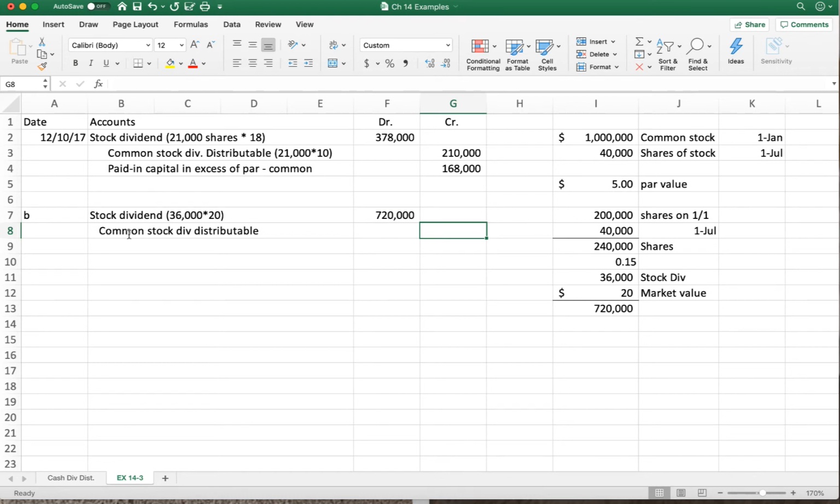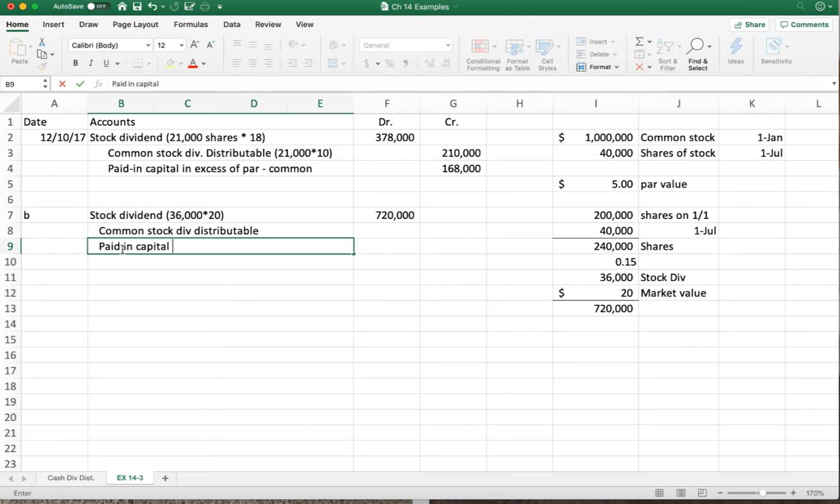So we need to figure out what is the amount that we're going to book to the common stock dividends distributable account, and how much are we going to book to the paid in capital in excess of par common account, okay?